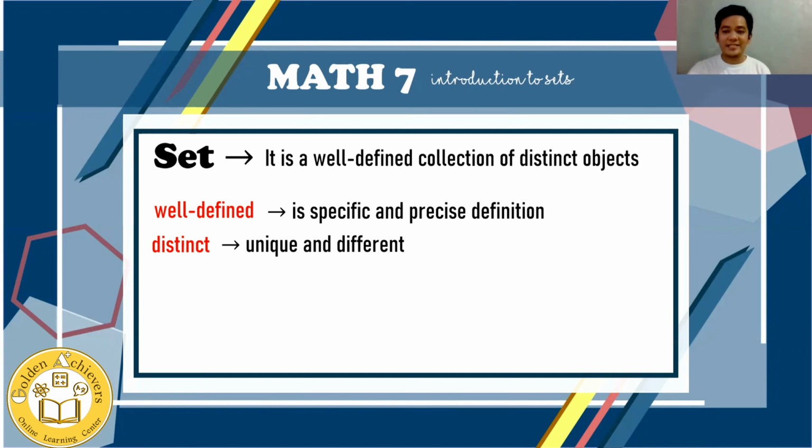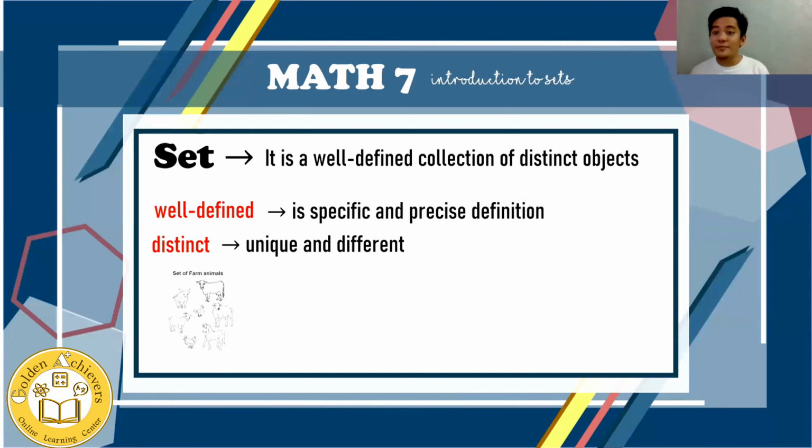Let us have these examples. Set of farm animals. This is well defined. Why? Because it talks about farm animals, and we can easily identify the members of this set.